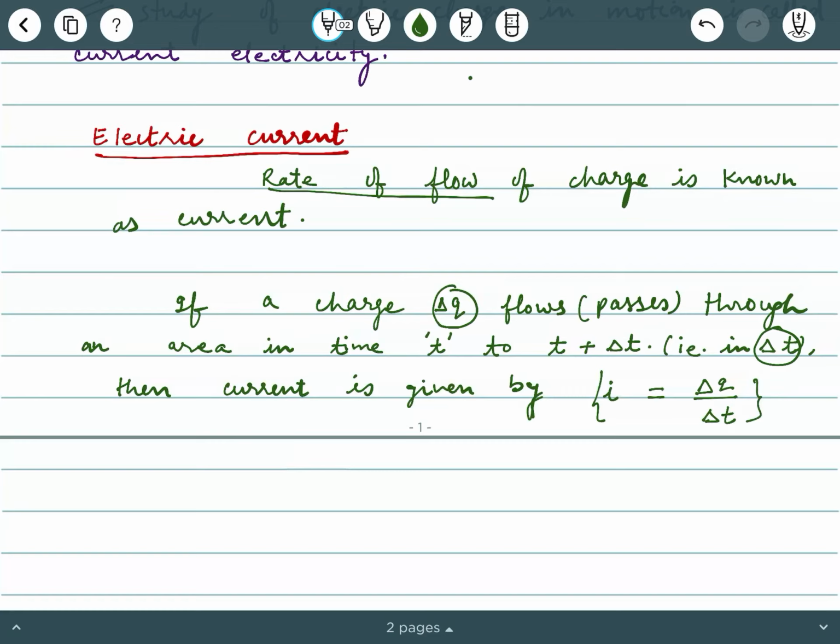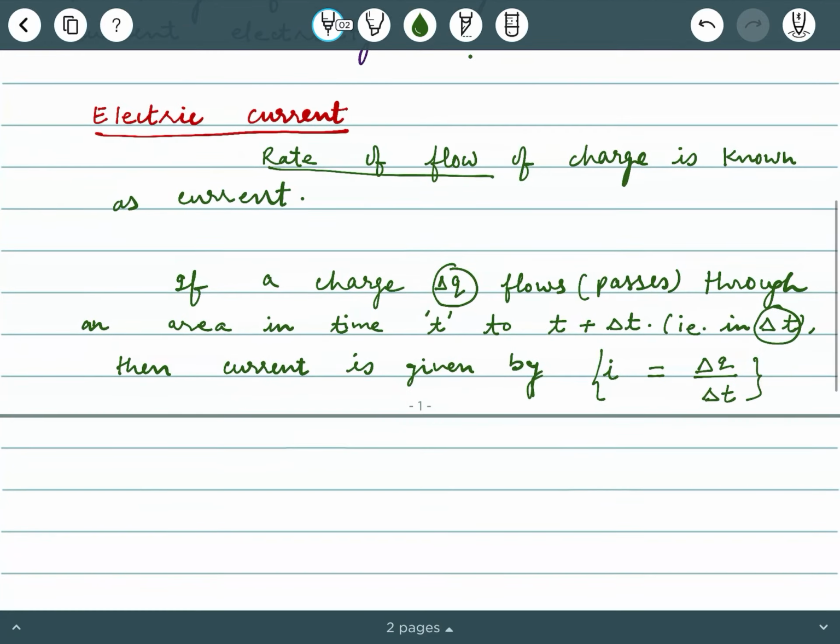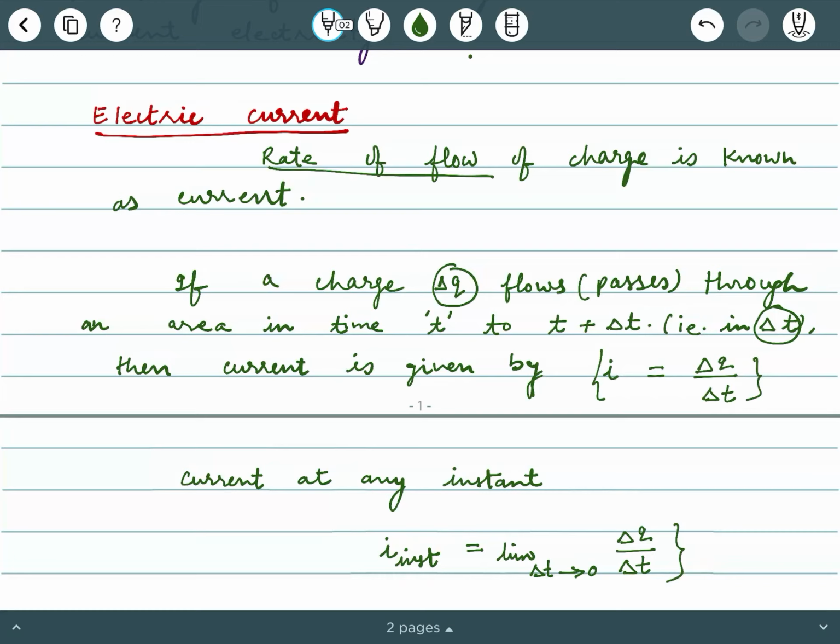To get the most accurate value of current, most accurate value means instantaneous current at any instant, I instantaneous should be equal to limit, this instant means time should be as small as possible, and then we can write this.